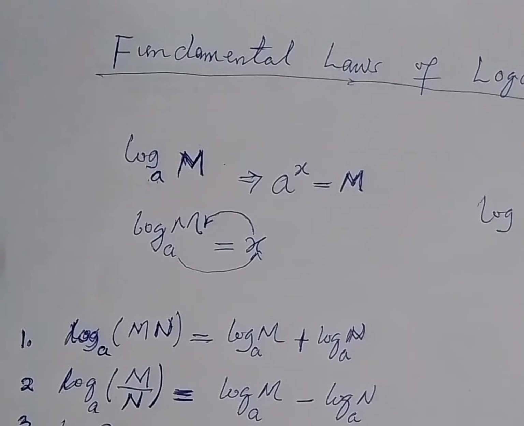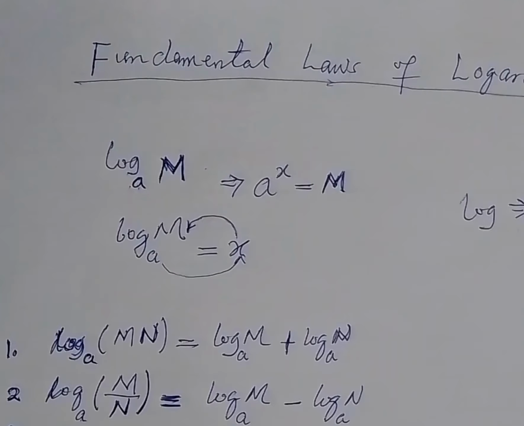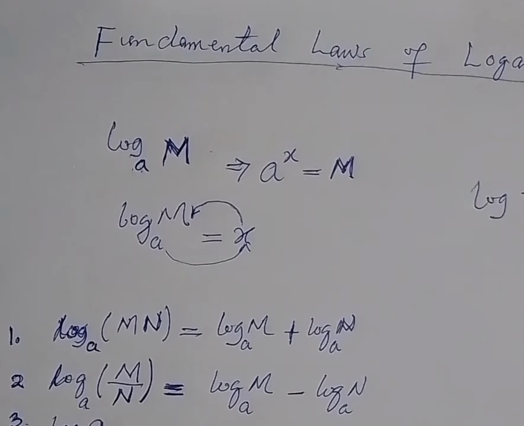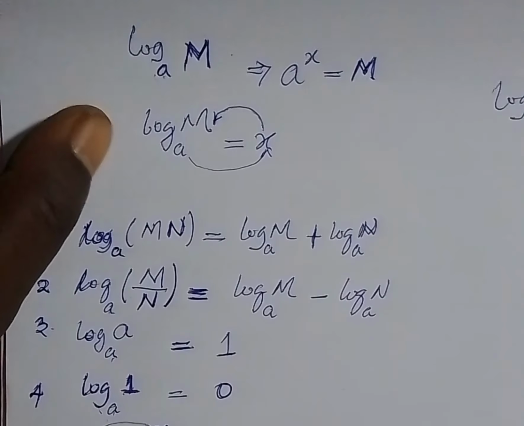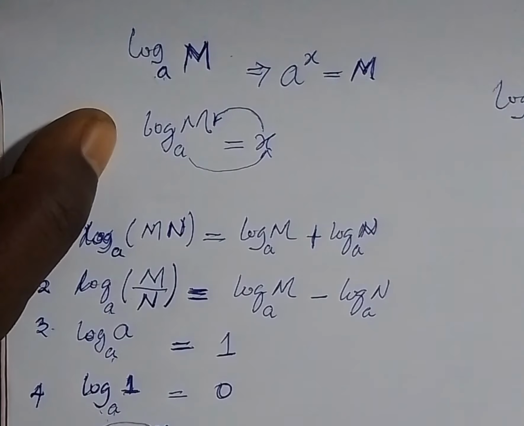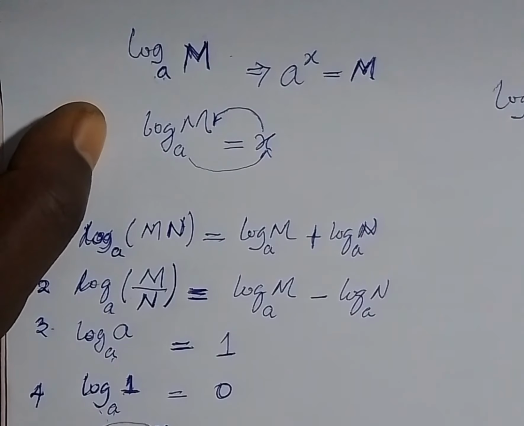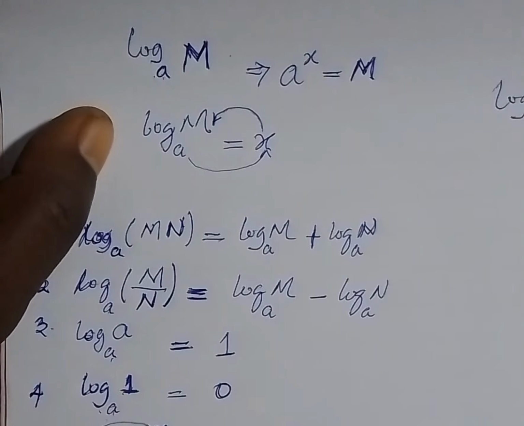So this 1 over p becomes the coefficient of the log, log m to base a. Please don't forget, once the base assumes a power, the rule says take the reciprocal of that power, which is 1 over p, then log m to base a. So the power is no longer there.